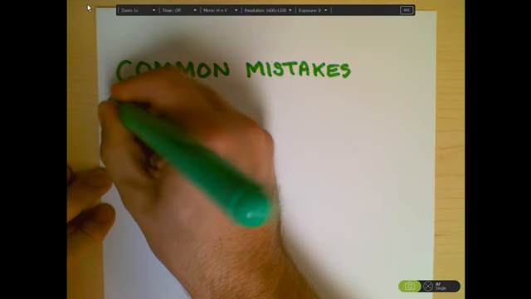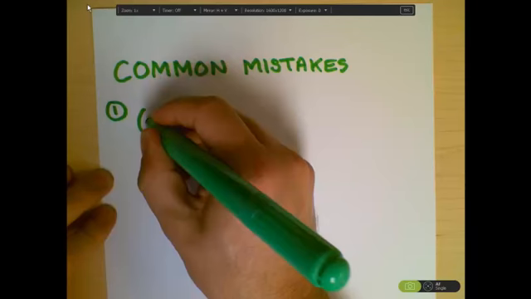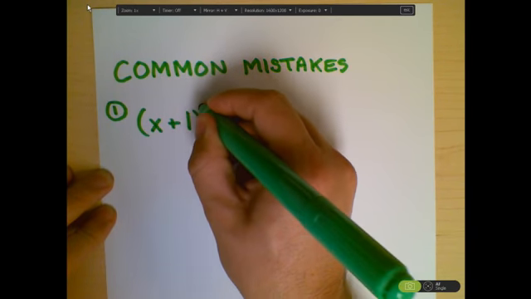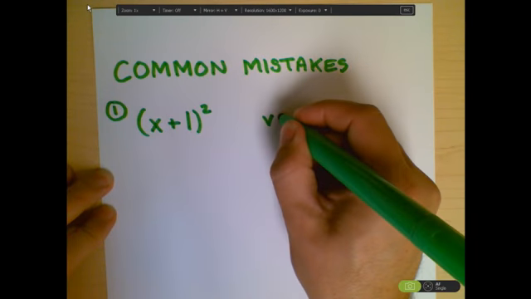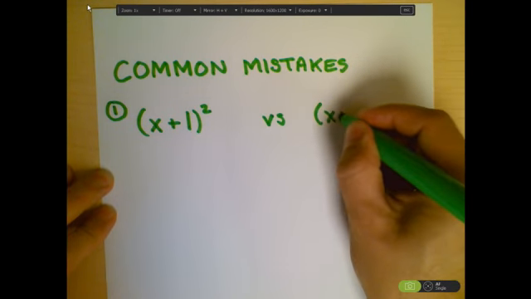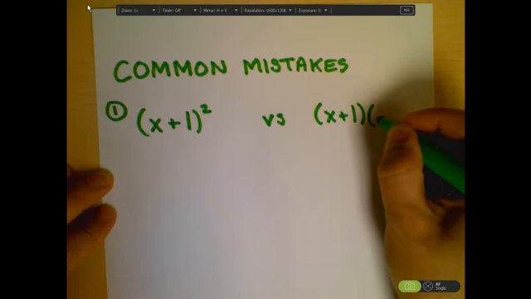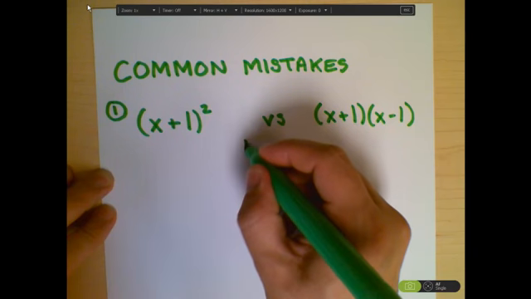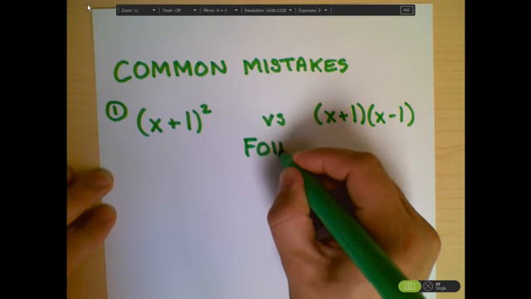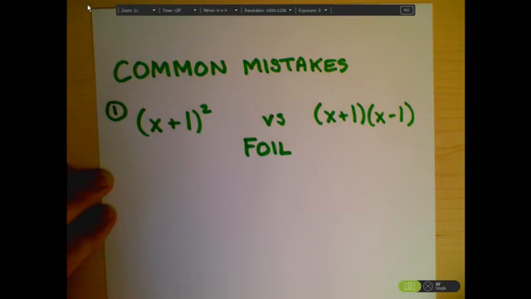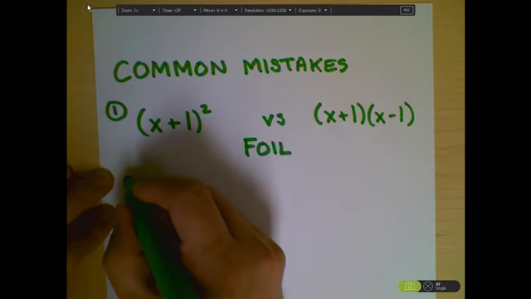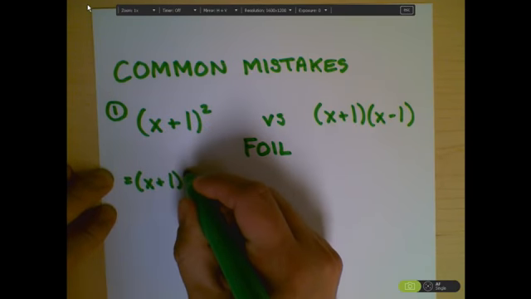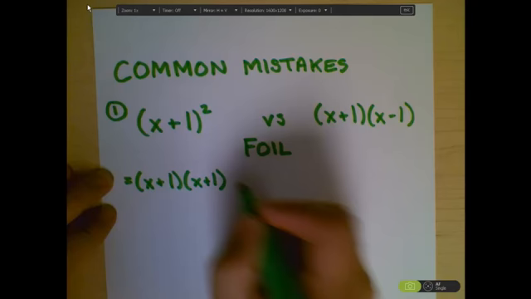The first common mistake comes when we're looking at questions like x plus 1 squared versus x plus 1 times x minus 1. In both cases, we have to remember to use FOIL. So in the case of x plus 1 squared, what we're really evaluating is x plus 1 times x plus 1.